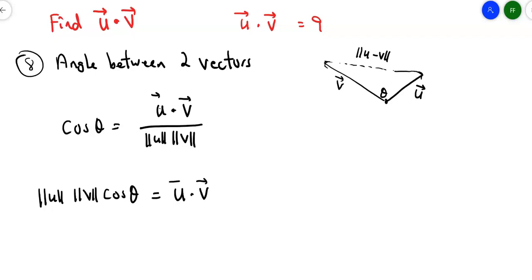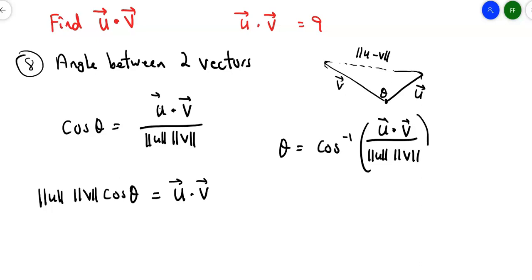So there's a way to write the dot product as a function of the magnitude of the vectors and the cosine of the angle between them. The other thing is if you want the angle, it is the inverse cosine of u dot v over magnitude u, magnitude v. And again, this thing is the dot product. I'm not trying to multiply those two vectors together.